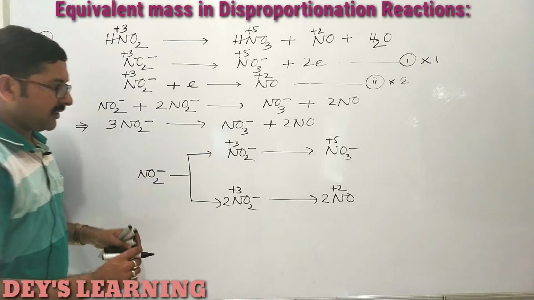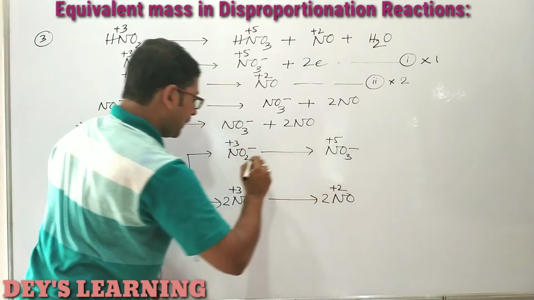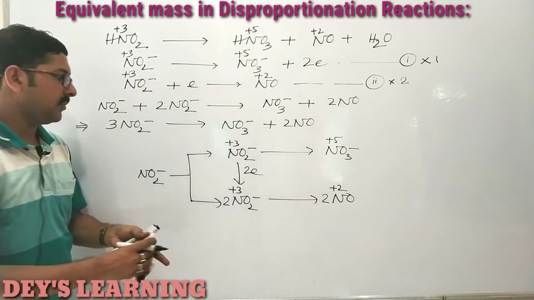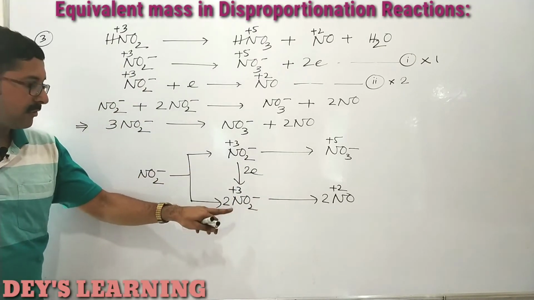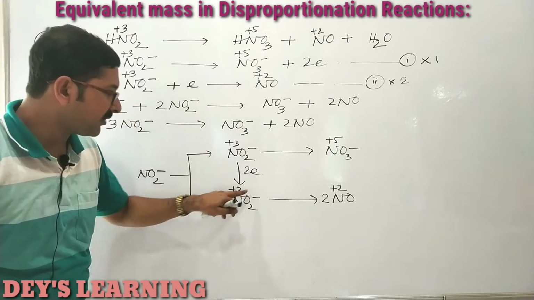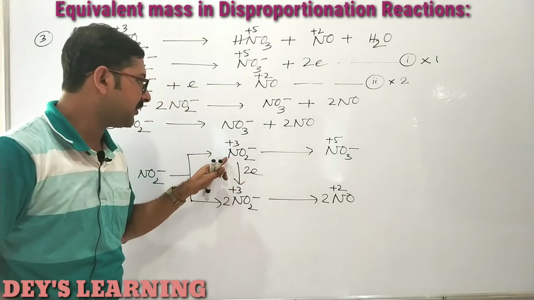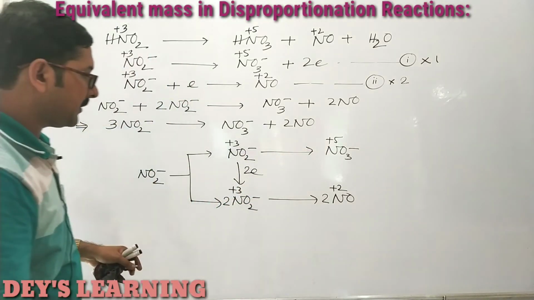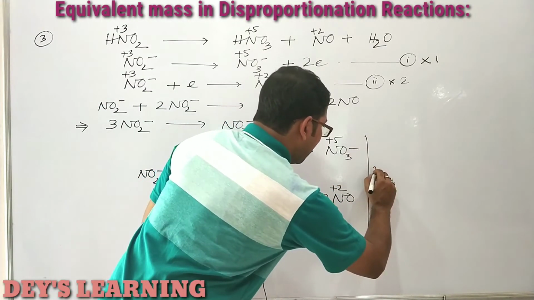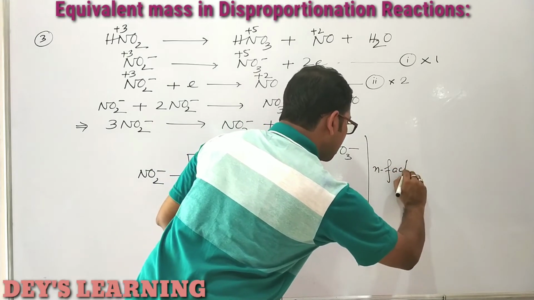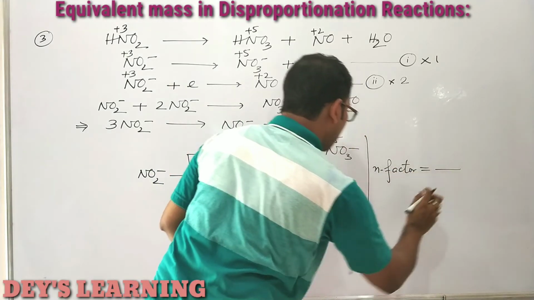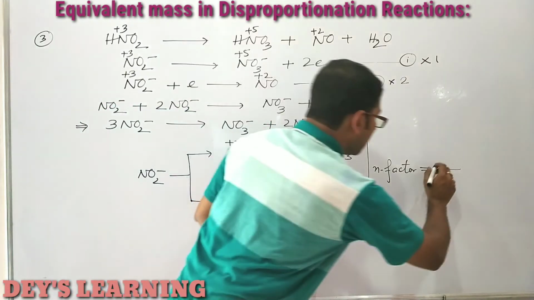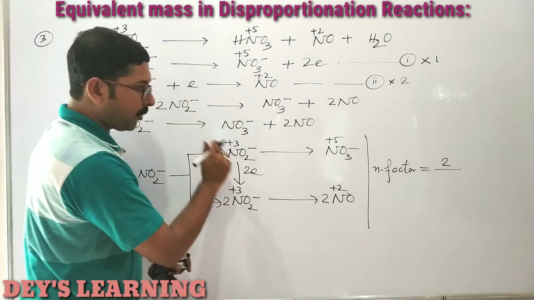Now we can think of this reaction in this way: 2 electrons are transferred from this nitrite to these nitrites, so that these 2 nitrites are reduced to NO and this nitrite ion is oxidized to NO3 minus, nitrate. So the N factor of NO2 minus in this reaction is the total number of electrons transferred, which is 2, over the total number of ions involved, which is 3.